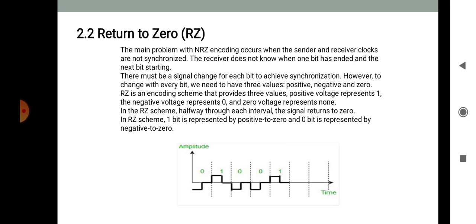So one solution is return to zero. This is the first time we have seen the return to zero scheme, which uses three values: positive, negative and zero. In RZ, the signal changes not between bits but during the bit. From these figures, we see that the signal goes to zero in the middle of each bit. It remains there until the beginning of the next bit.